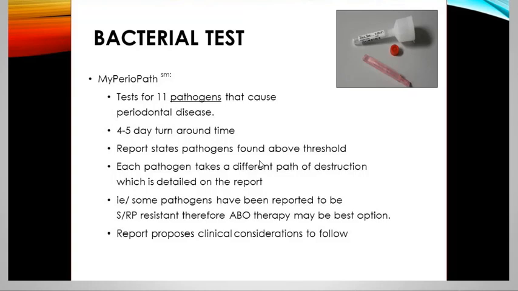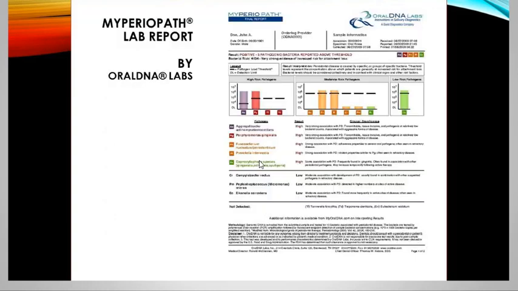We test for 11 pathogens that cause periodontal disease. It takes about 4 to 5 days to turn around, and the report tells us what bugs are in the mouth specifically, so that we can make specific recommendations for antibiotics to be used during scaling and root planing and complete disinfection.